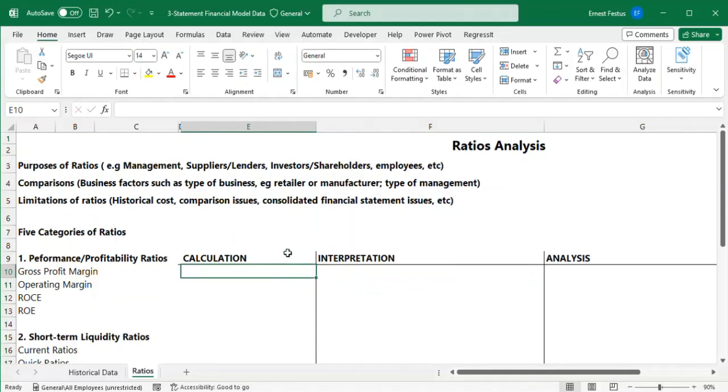Alright, so those are some of the limitations of ratios that we have. There are a whole lot of them, so they are worth exploring.